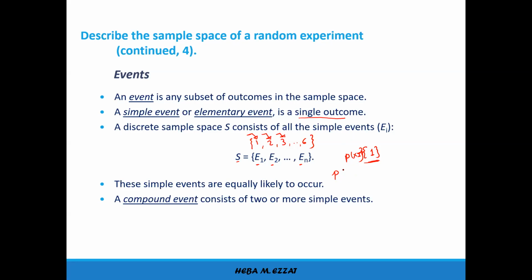Sometimes we want to check the probability that x equals 1 or 2 or 3. So here we have a complex or compound event, as it contains more than one event. In this case, we consider 1, 2, and 3.